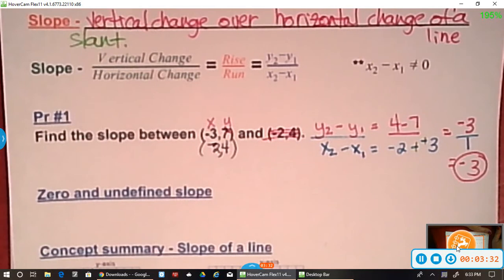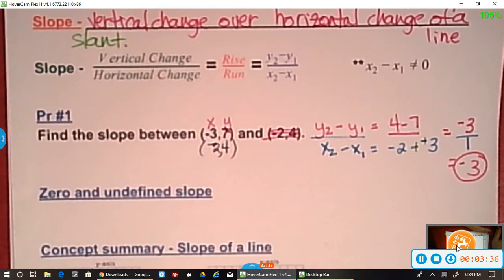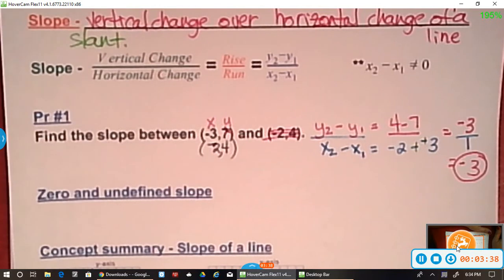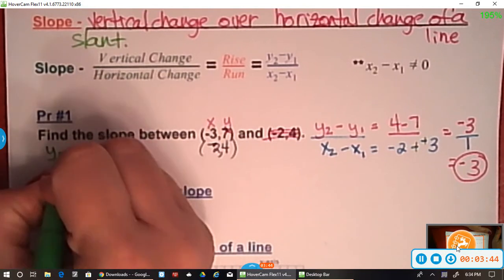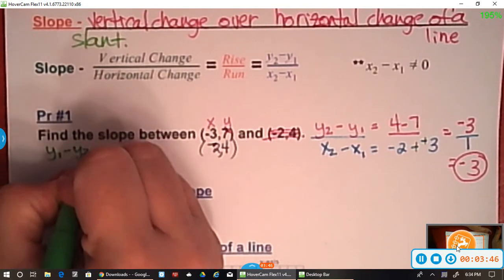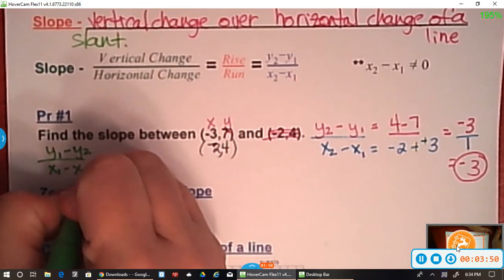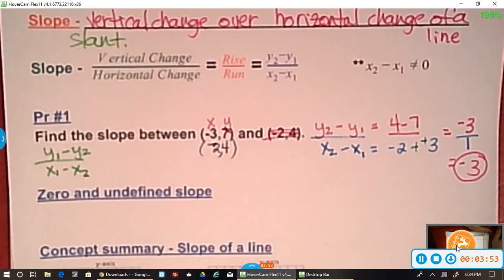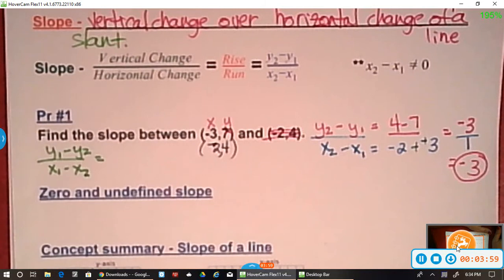Now, for me, it's just not normal to take the bottom one minus the top one. So here's an alternative to that formula. And this is where I do y1 minus y2 over x1 minus x2. As long as you subtract your x's and y's in the same order, it doesn't matter which order you do them.